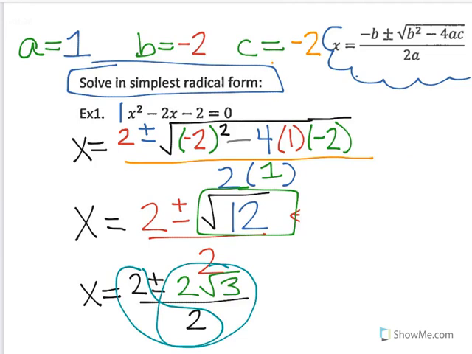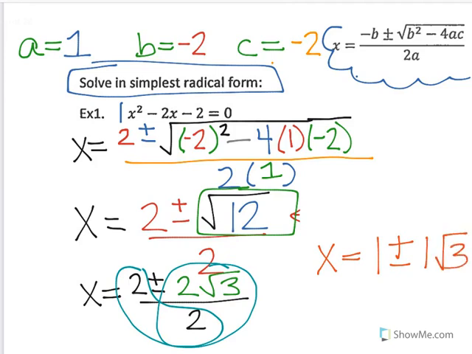Okay, so 2 divided by 2 is 1. So I've got x equals 1. Can't forget about the plus or minus. Now when you divide with radicals, the radical stays as is, right? So the 2 and the 2 divide each other, and that gives us 1. And then we still have the radical 3.